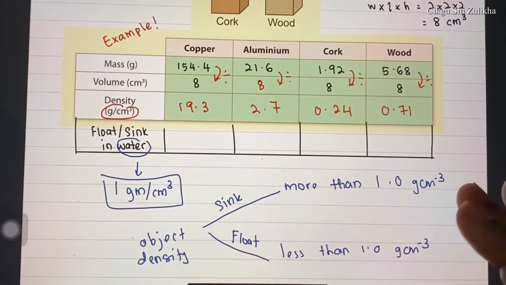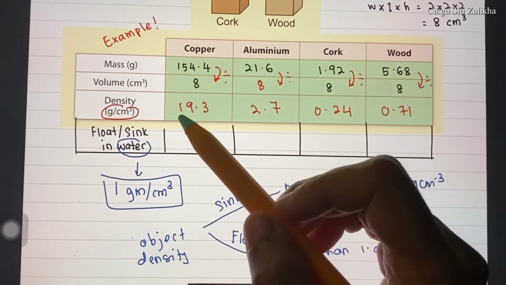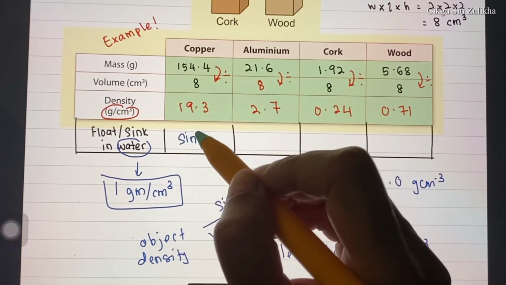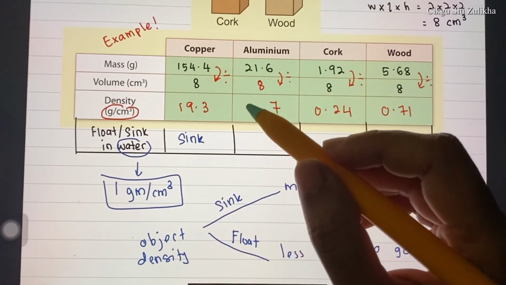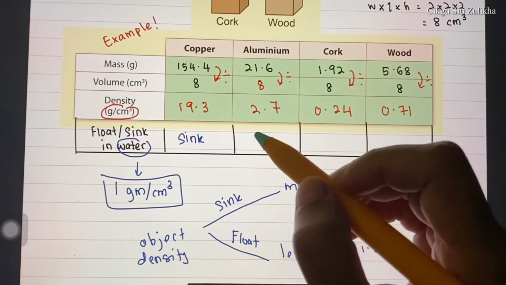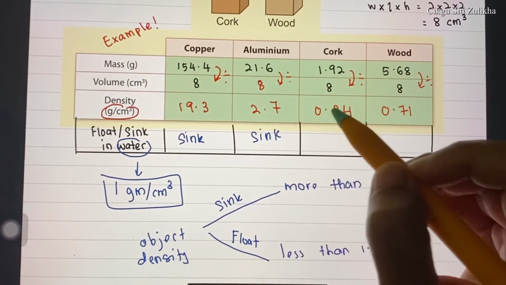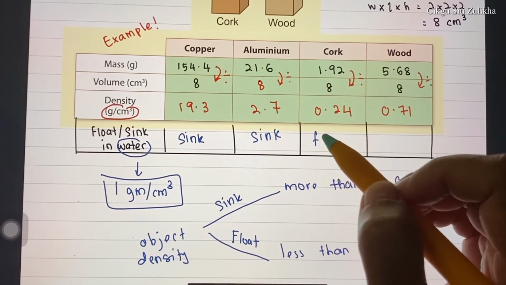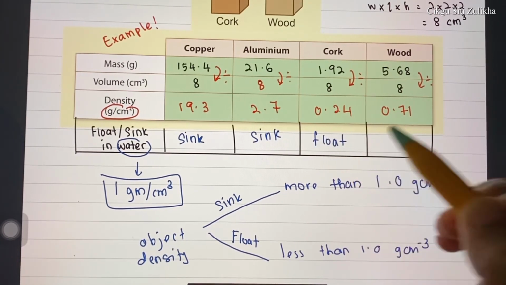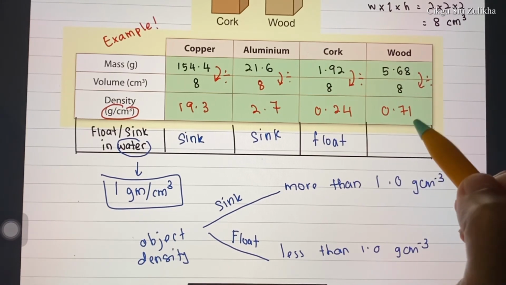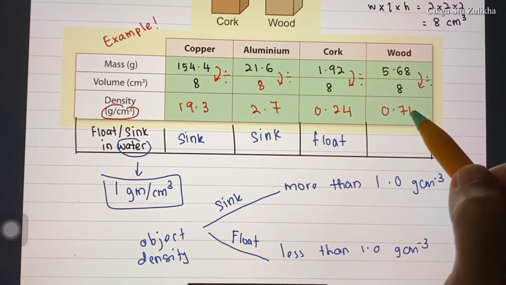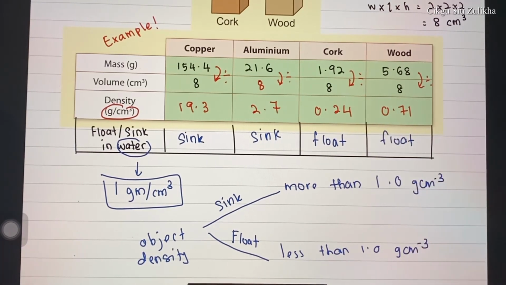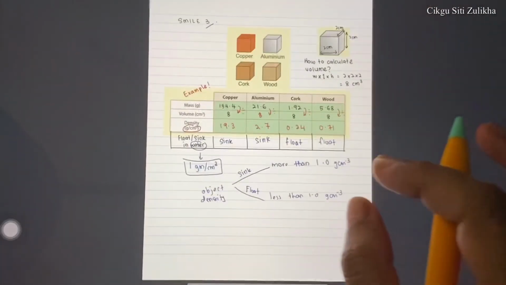So, ini adalah konsep. Nak kita tengok. Density 19.3, more than 1, betul? So, dia akan sink. Density 2.7, more than 1. So, dia akan sink. Density 0.24, less than 1. So, dia akan float. And then, wood 0.71, density 0.71 is less than 1. So, it will float. Okay, dapatnya?